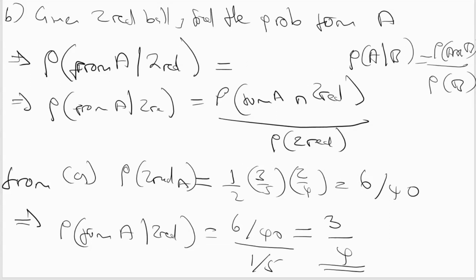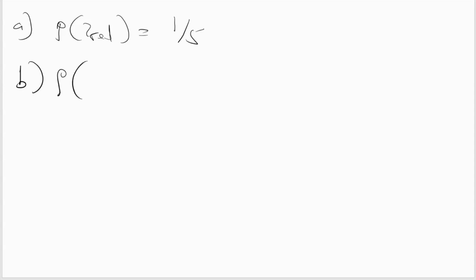Our answers, just to recap: for A, the probability of 2 red is equal to 1 over 5, and for B, the probability of it being from A, given that 2 red balls are picked, is 3 over 4.